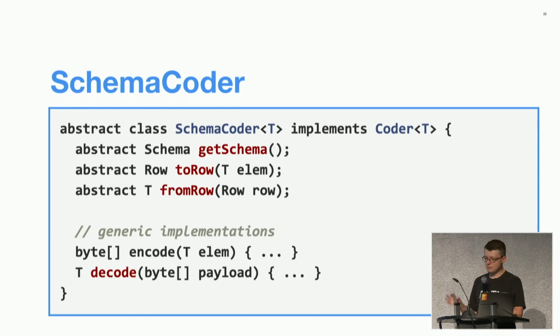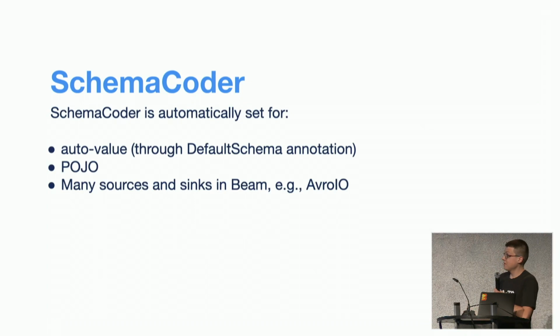And you actually don't even need to implement this interface yourself, because out of the box, Beam has a very efficient implementation of automatic creation of these coders. If you use AutoValue, or if you use Java POJOs or Java objects with fields, you get it for free. You just need to add an annotation called DefaultSchema to your Java class, and it would work.